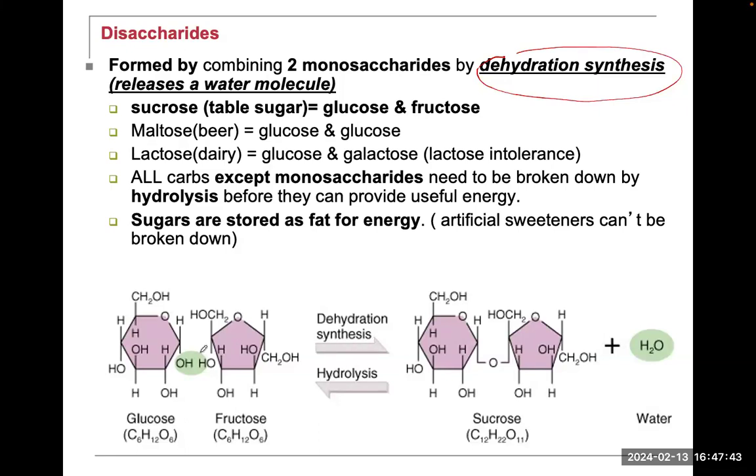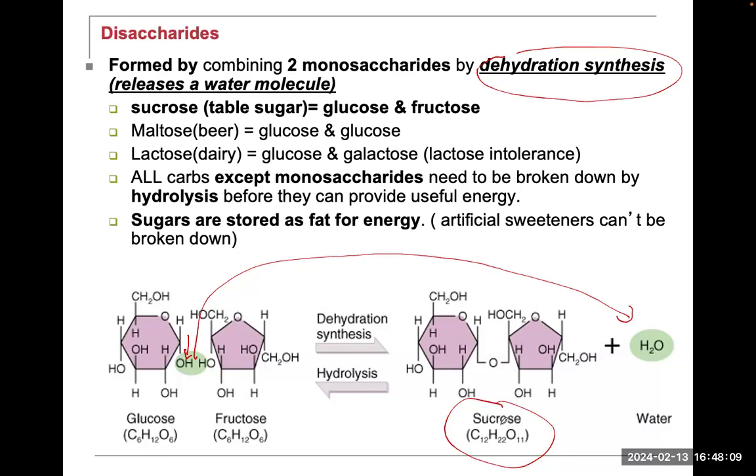When we combine them, here's the OH, there's your hydroxyl. Here's a hydrogen. When you combine them, you have two hydrogens and an oxygen. Well, that's what H2O is, two hydrogens and an oxygen. And now we can form a bond here. So fructose and glucose come together with dehydration synthesis and create sucrose.